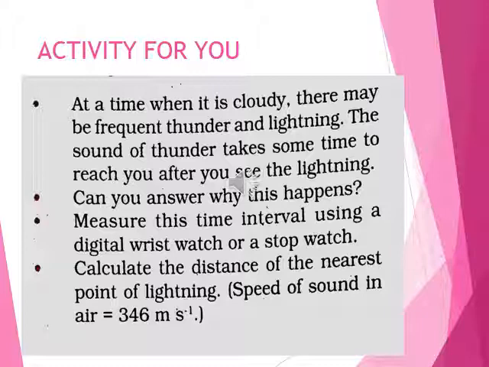The sound of the thunder takes some time to reach you after you see the lightning. Why does this happen and what is the reason behind this? Find it out. Measure this time interval using a digital wristwatch or stopwatch and then calculate the distance of the nearest point of lightning. Here the speed of the sound in air is given as 346 meter per second.